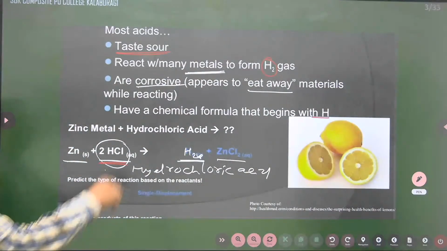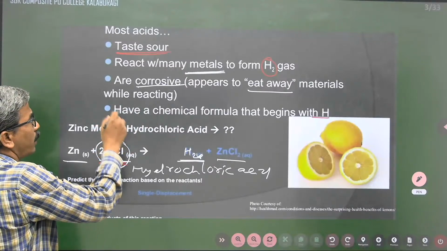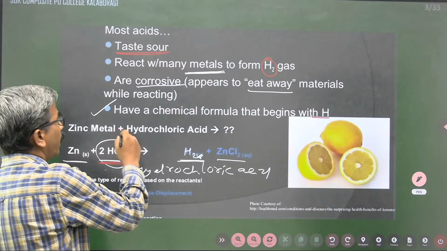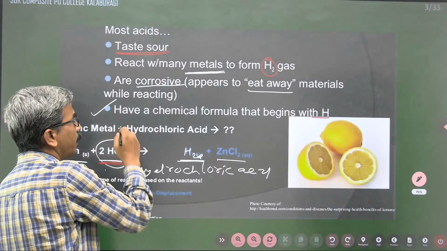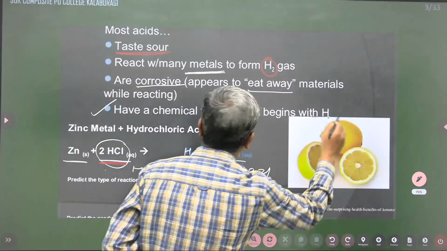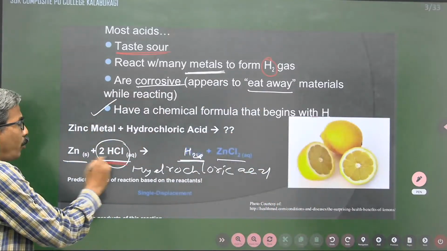Now next, the third characteristic: when you write the chemical formula of these acids, it starts with H. Take hydrochloric acid as the example.